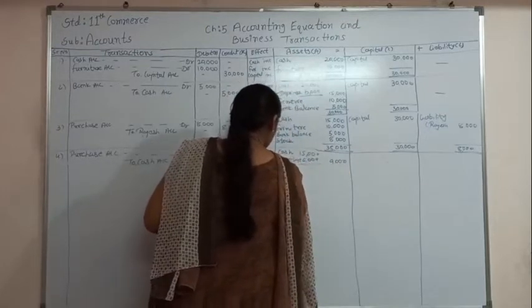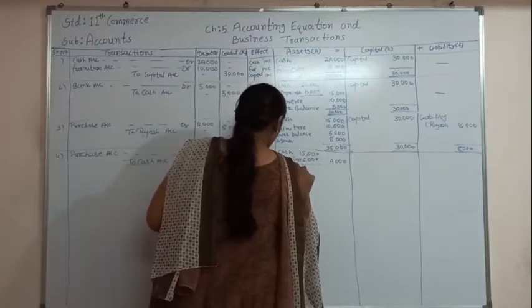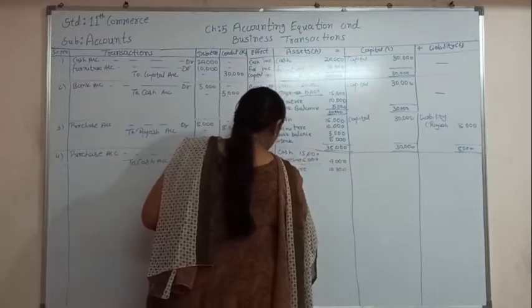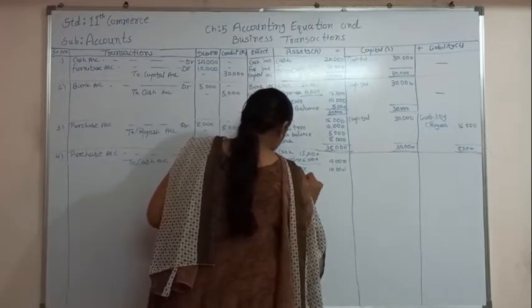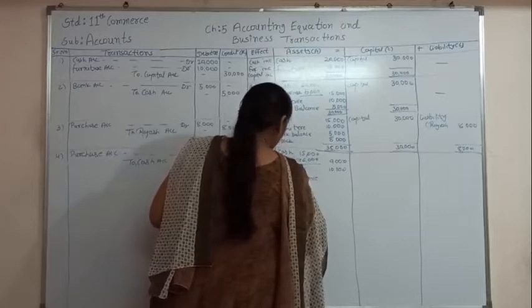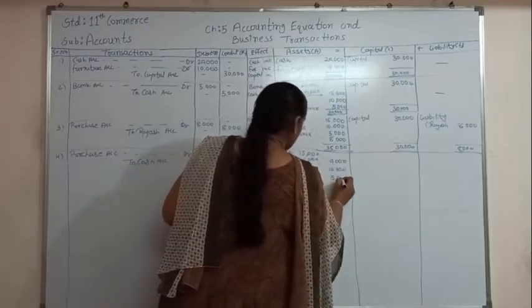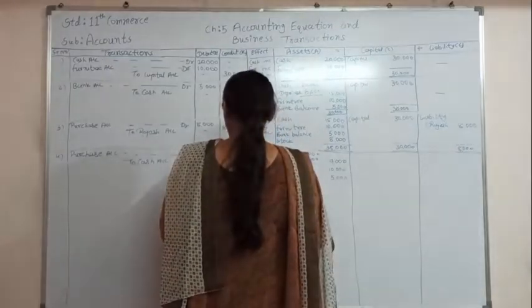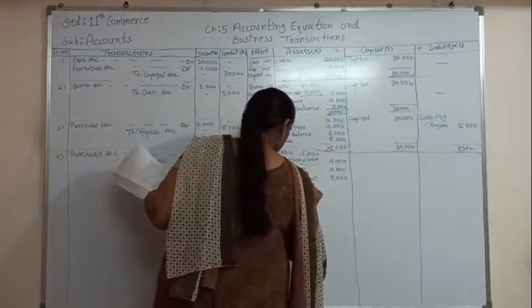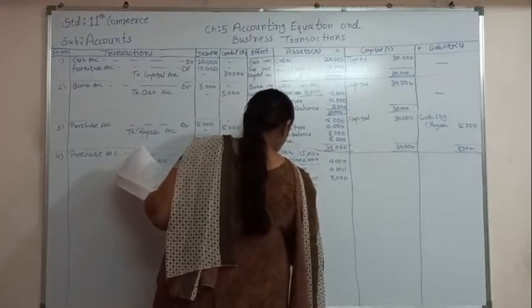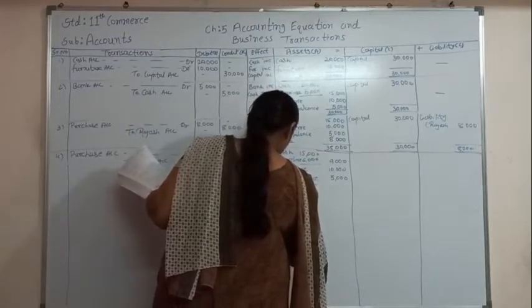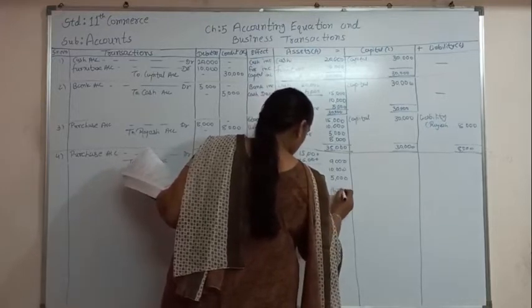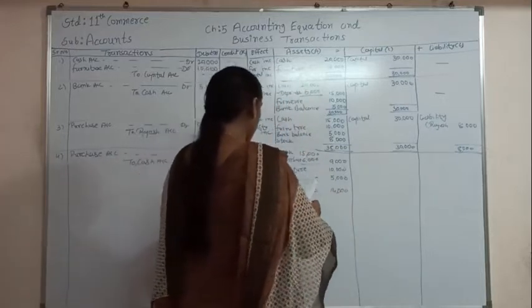And then there is a furniture. Furniture is of rupees 10,000. Then bank balance is of rupees 5,000. Then stock is of rupees 8,000 plus purchase. So purchase is of rupees 6,000. So total will be 14,000. So here you can make the total of this.